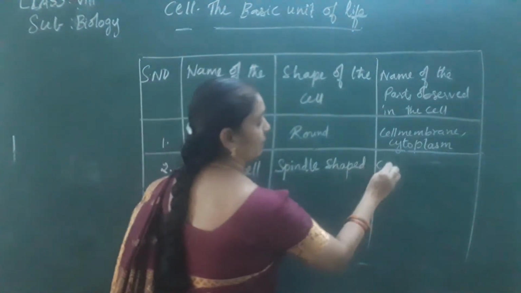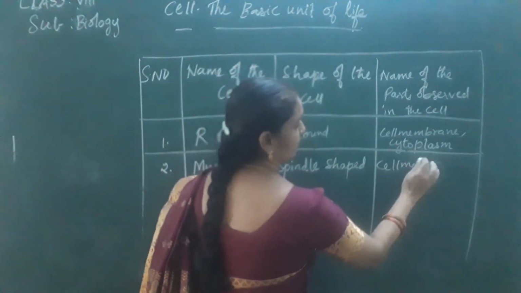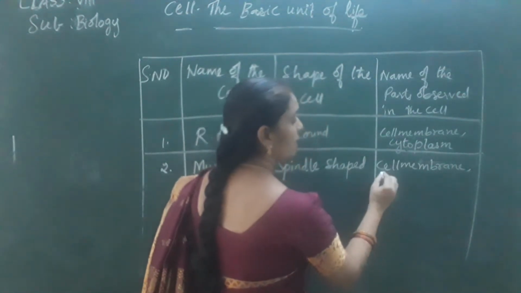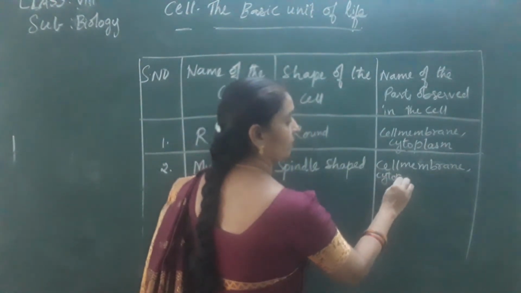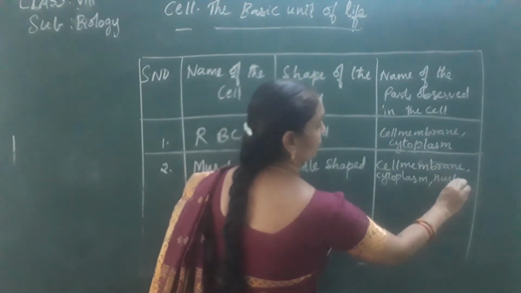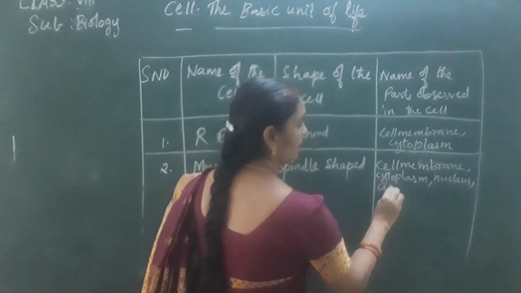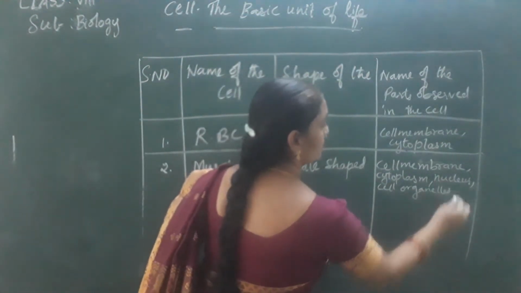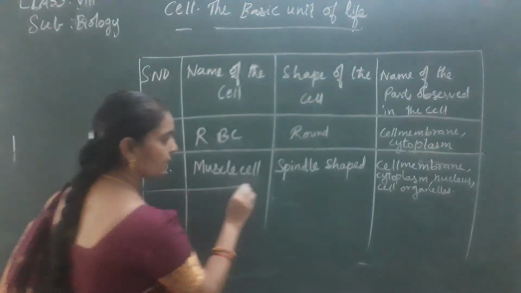We have seen cell membrane. Yes, in an animal cell you find the cell membrane, which is an outer protective layer, and cytoplasm is also seen, where the cell organelles are embedded along with the nucleus. Nucleus and cell organelles are embedded inside the cytoplasm for the muscle cell.